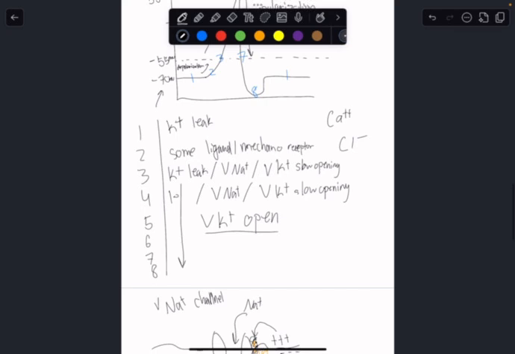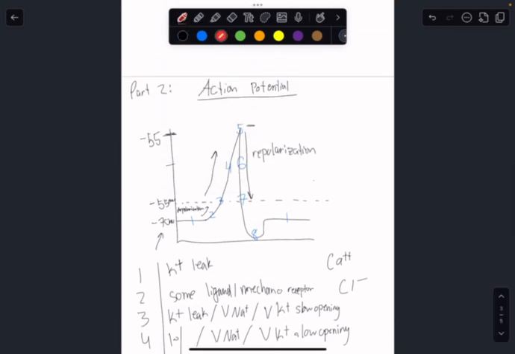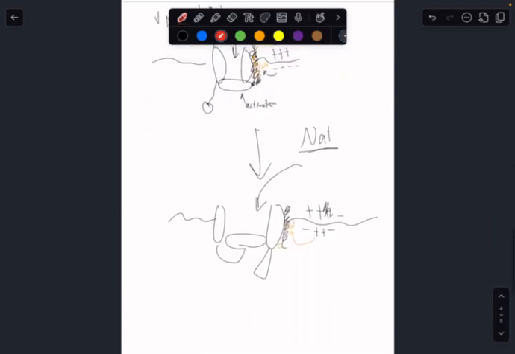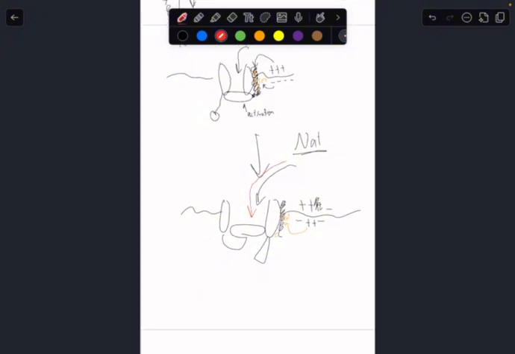And sorry, something to mention here is you have your absolute refractory period. This is where you can't have another action potential occur. This is due to the fact that you already have sodium coming in, right? Once this is open, there's nothing else you can really do to have another action potential, because it's already happening.